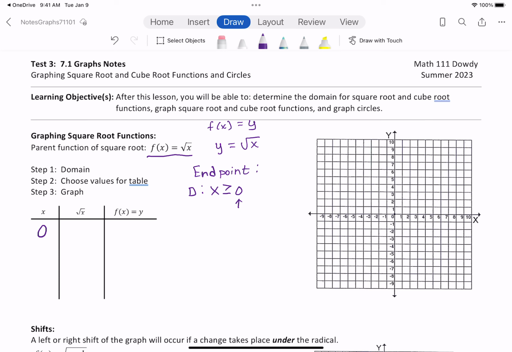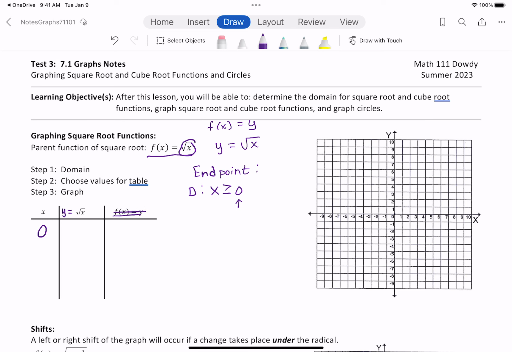Now, if you will, on your notes, I prefer that these charts look like this. In the first column, we're going to choose x values. In the middle, we're going to figure out what its corresponding y will be. So y equals whatever the function you were given is.